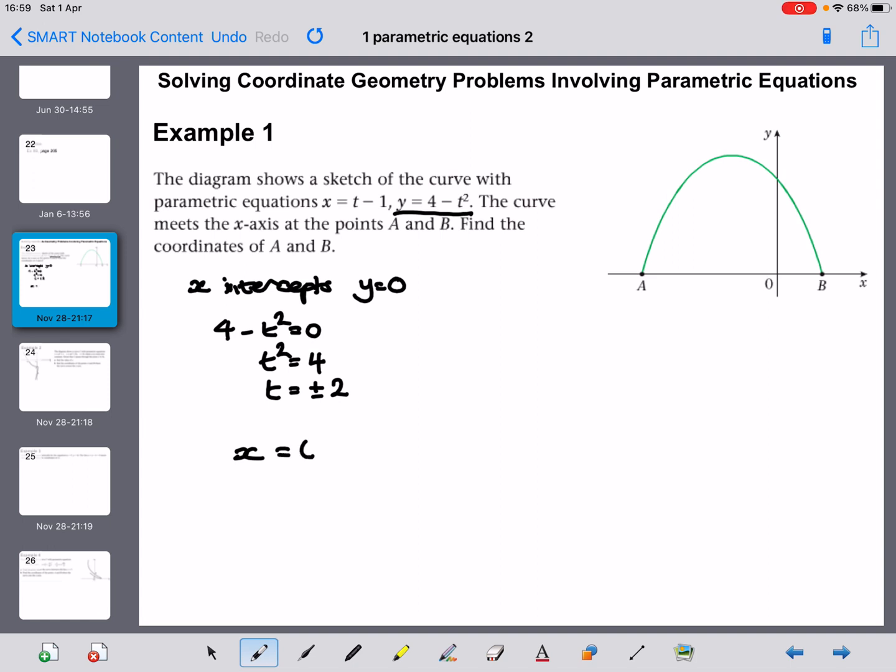If x equals t minus 1, then when t is 2, x will equal 2 take 1, so there must be an x-intercept at (1, 0). And if t equals minus 2, x will equal minus 3, so there must be an x-intercept at (-3, 0). Looking at my diagram, that must be B and that must be A.